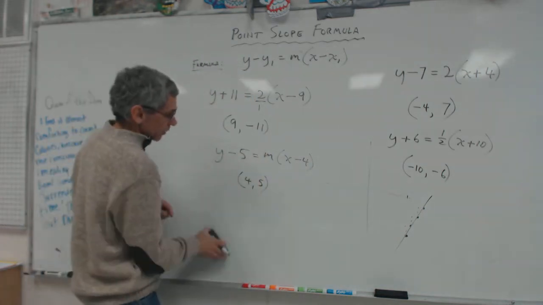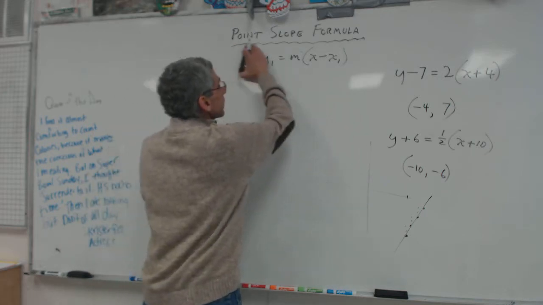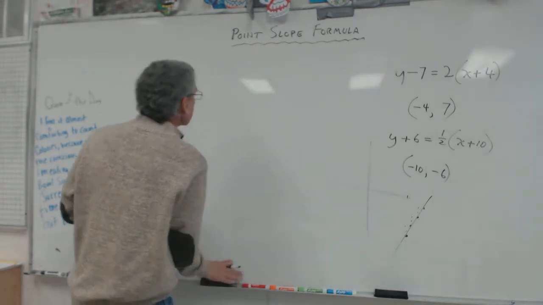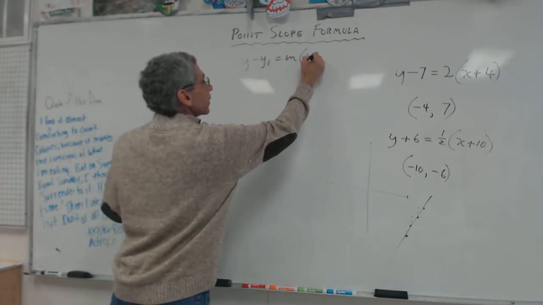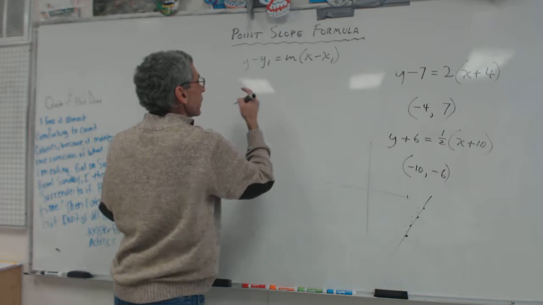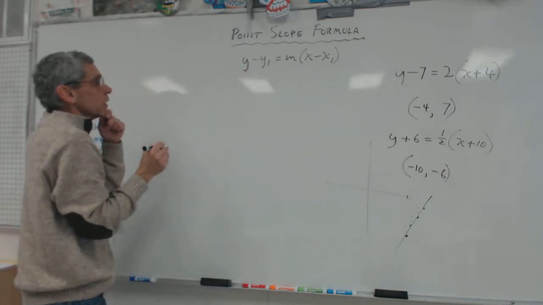But now let me show you this last bit that you need to know how to do. y minus y1 is equal to m times x minus x1. You want to memorize this formula? It really will help you. It really, really will.